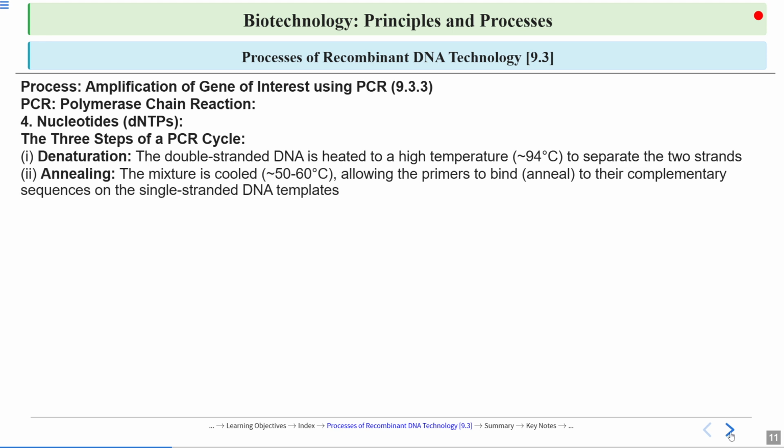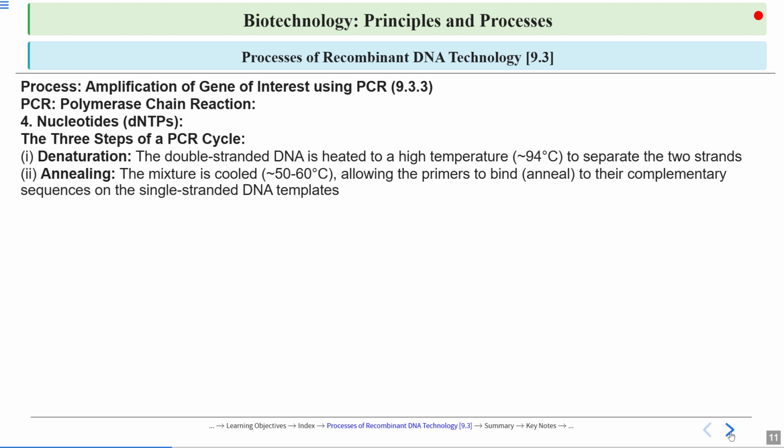Then we need to cool down the temperature, bringing it to approximately 50 to 60 degrees Celsius, so that our primers, which are small chemically synthesized oligonucleotides complementary to our DNA template, can go and bind.